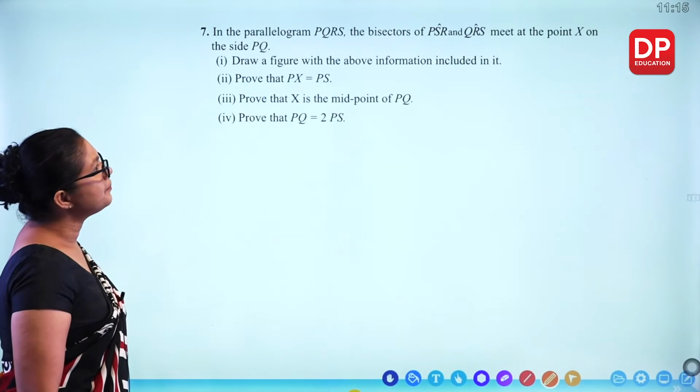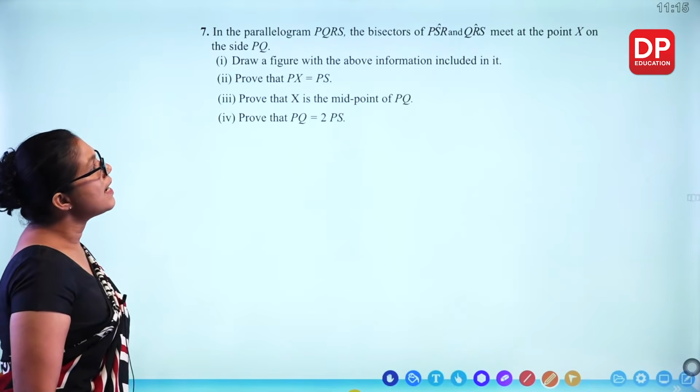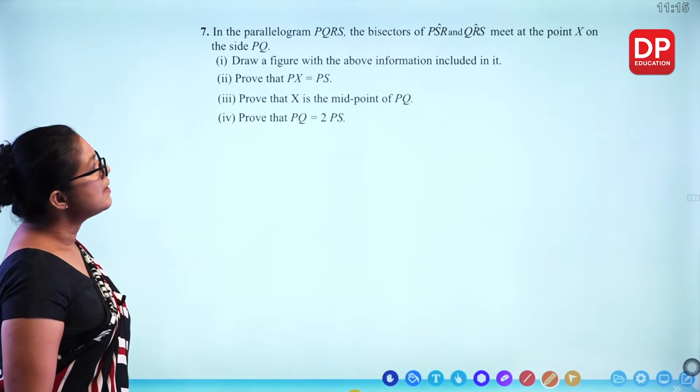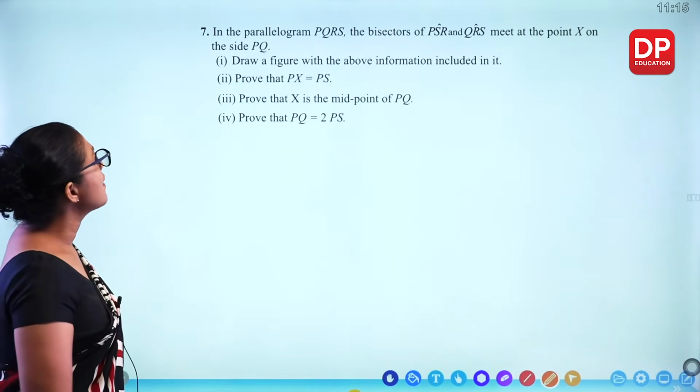Question number 7. In the parallelogram PQRS, the bisectors of these meet at the point X on the side PQ. We need to draw the diagram.